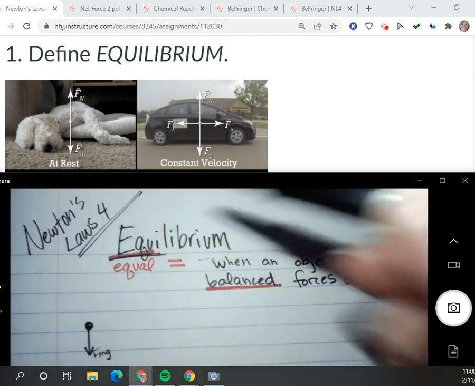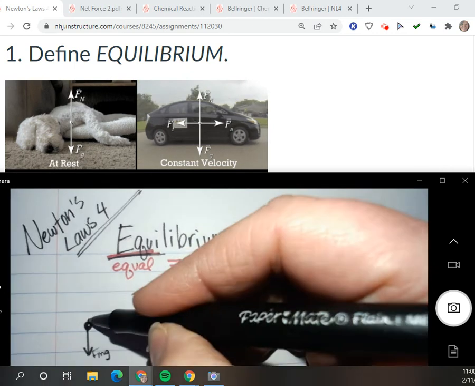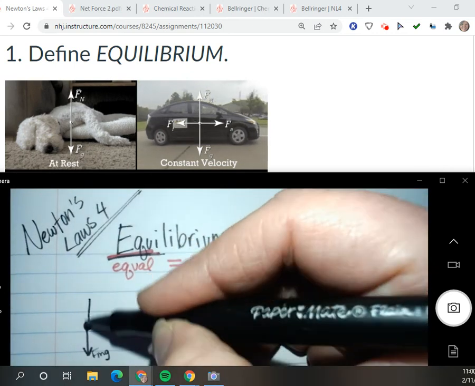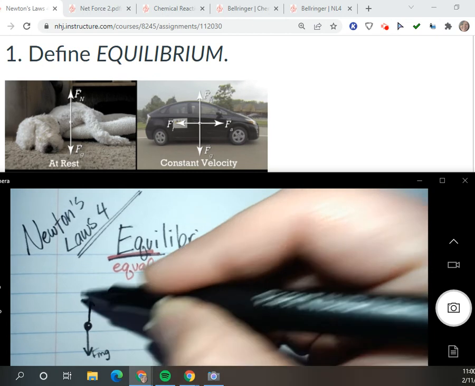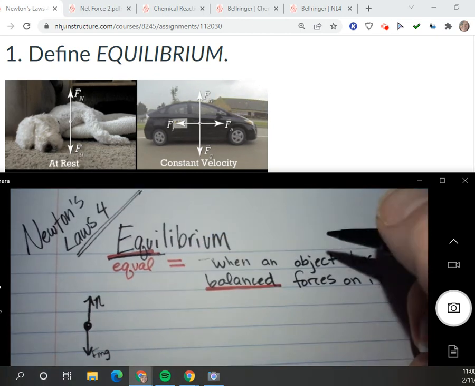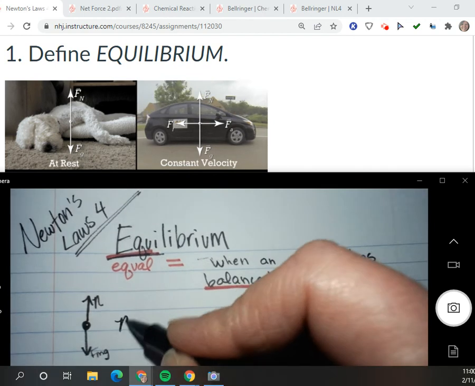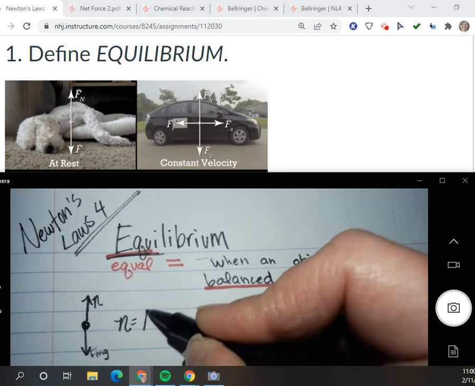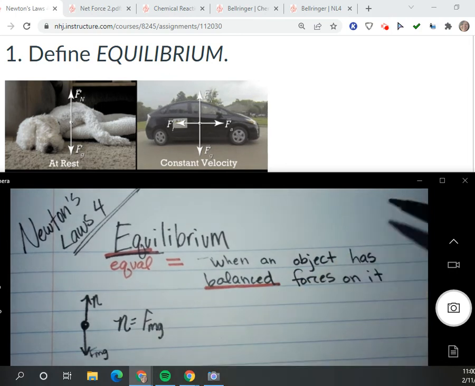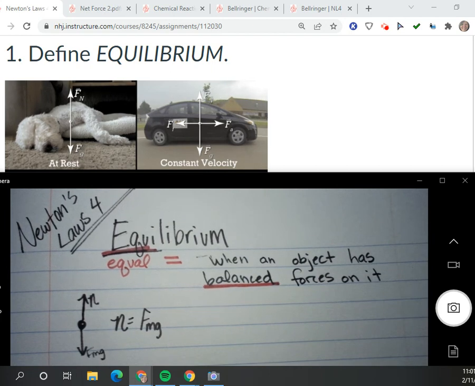Puppy Dog also, because he is on the carpet, on a surface, has the normal force. So, if the normal force equals the force of weight, then the forces are balanced.